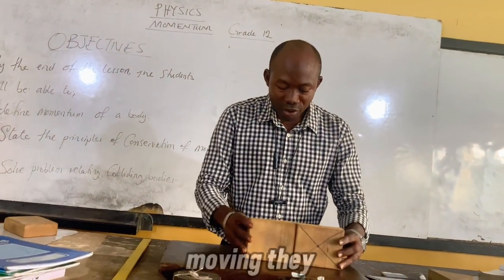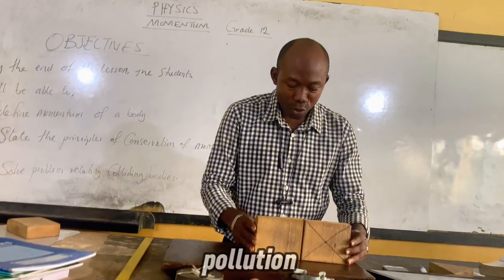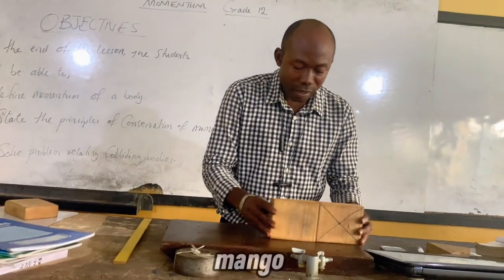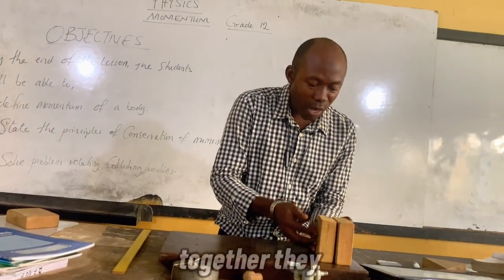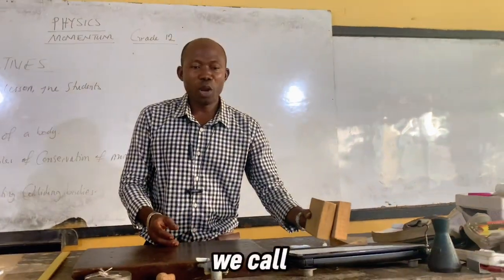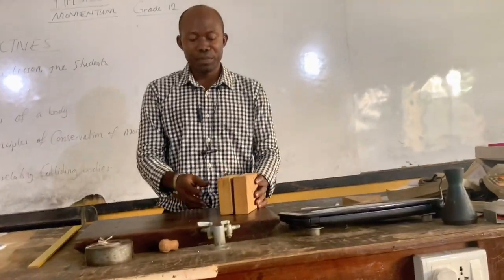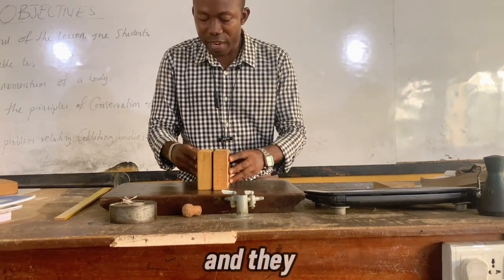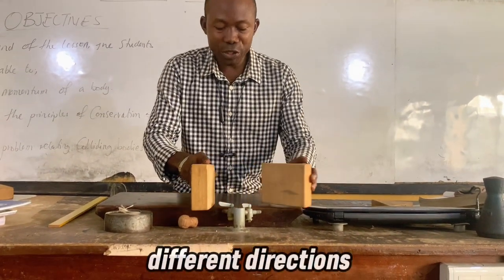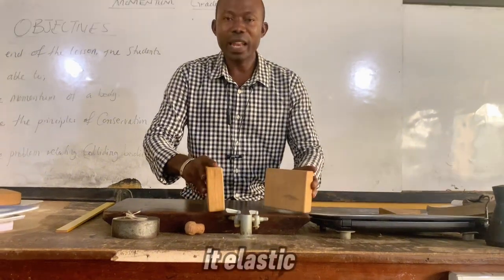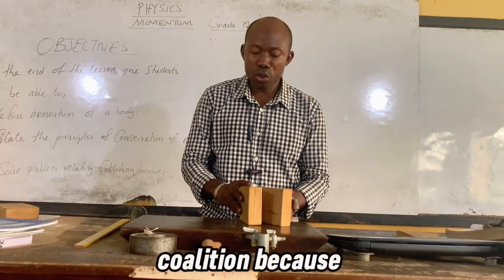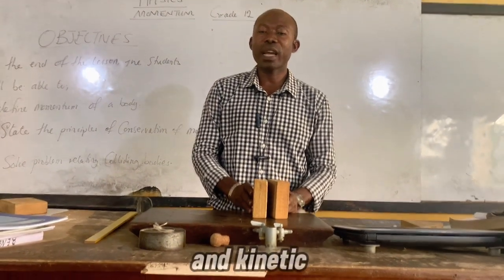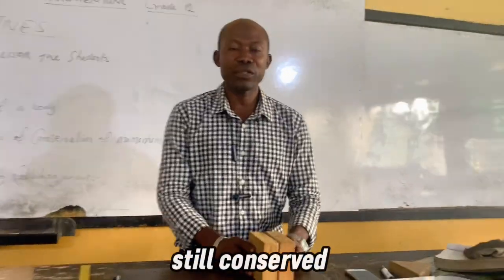So 2 objects moving, they collide. After collision, they get mangled, they stick together, they move. We call it inelastic collision. And when they collide and they move in different directions, we call it elastic collision, because their momentum and kinetic energy are still conserved.